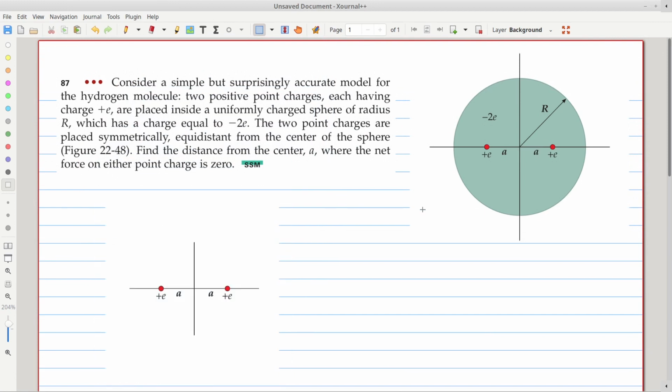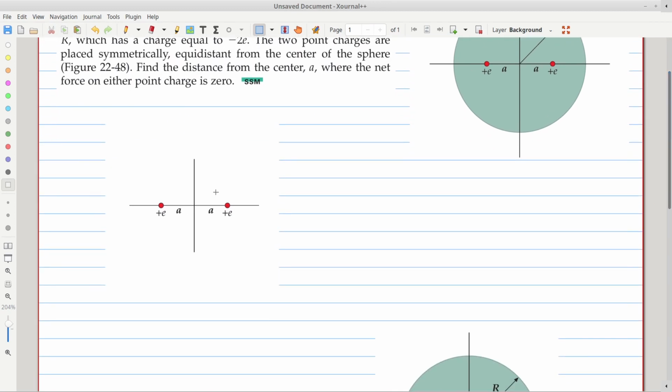I put it here, and it's very simple to compute the field at the point at distance a from the center. So let's start writing the magnitude of the electric field.